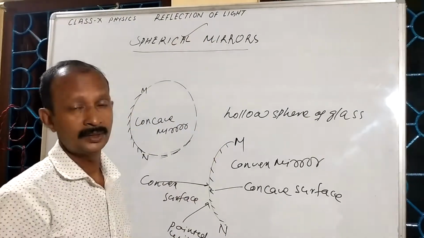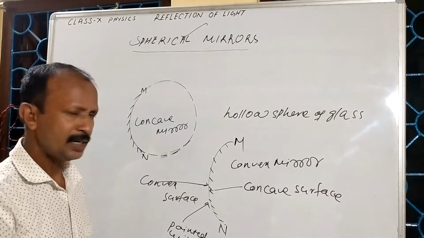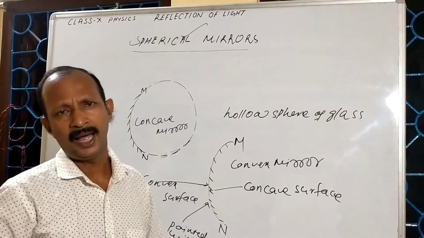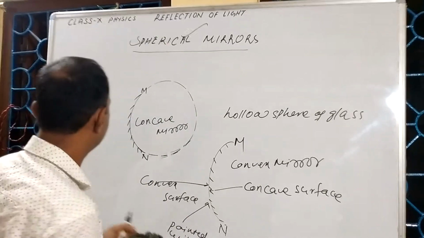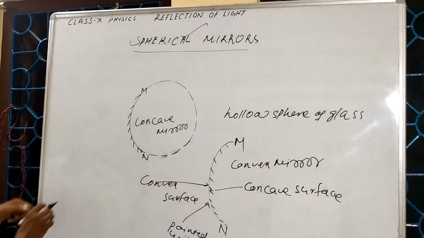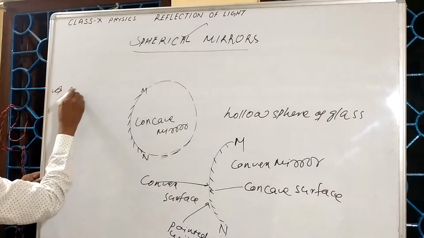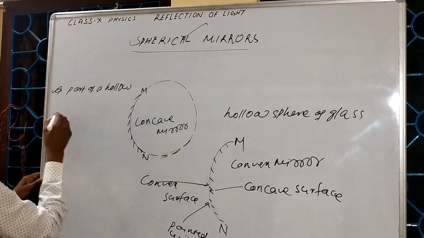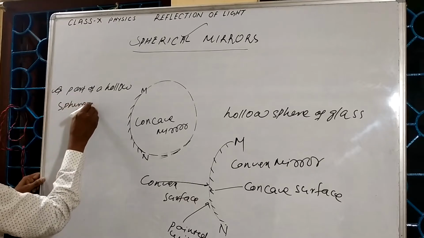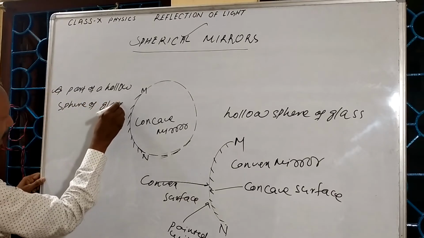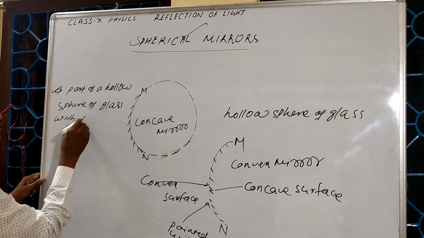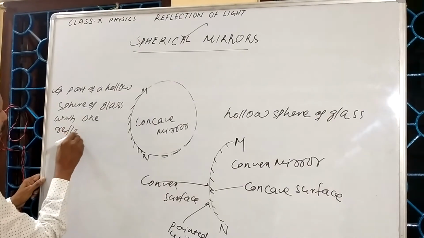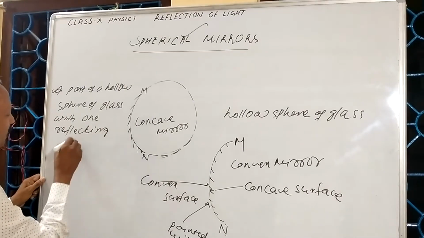Spherical mirror means it is a part of a hollow sphere of glass with one reflecting surface.